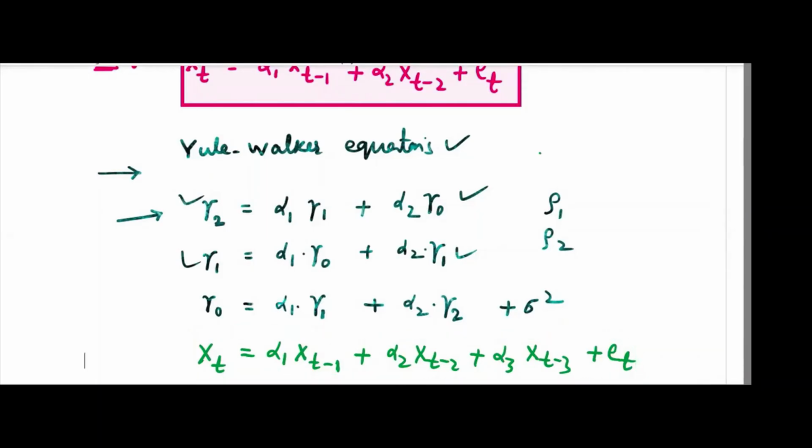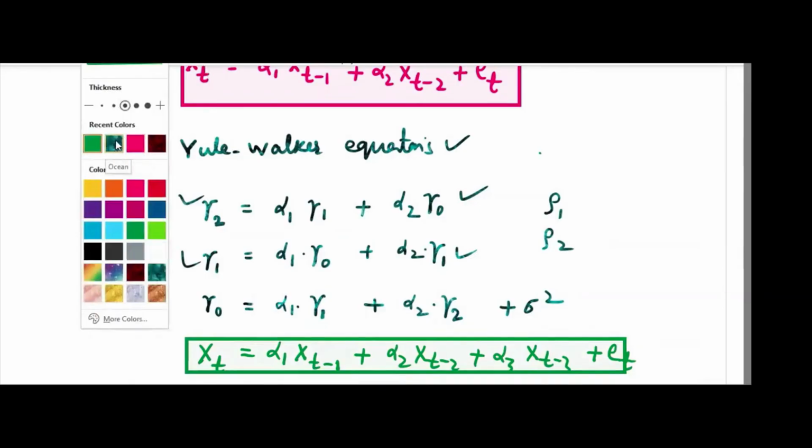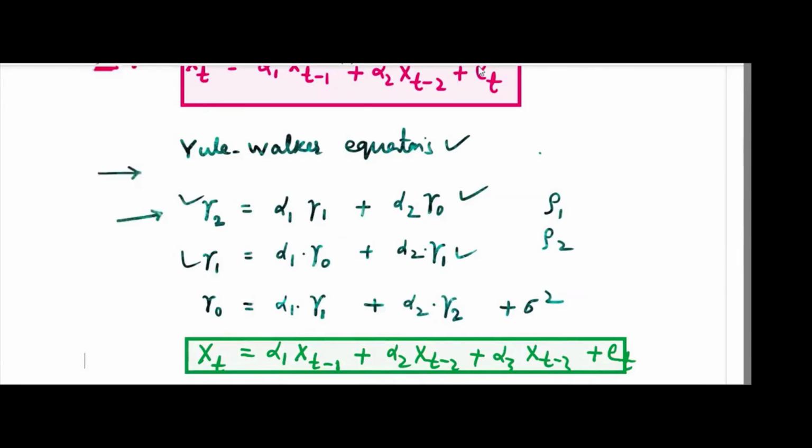But if you use Yule-Walker equations, it will be very easy for you. So we'll see what you need to change here. First of all, we'll start with gamma 3 here, okay?